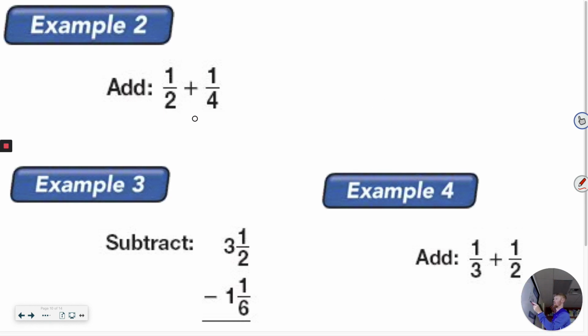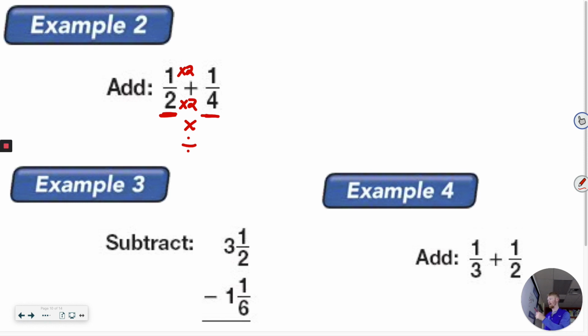So I need to ask myself, what did I do to this denominator? What do I need to do to turn it into a 4? What do I need to multiply by or subtract or divide it by? Well, I know that 2 times 2 is 4. So I multiplied this by 2, which means I also need to multiply the top by 2.